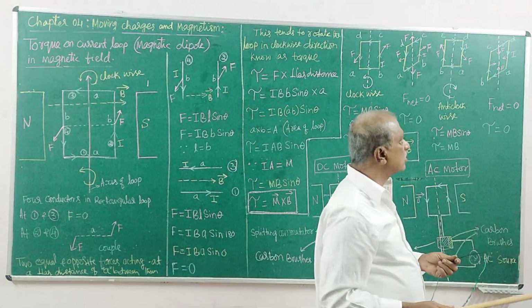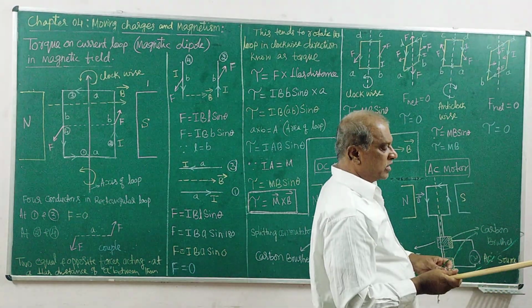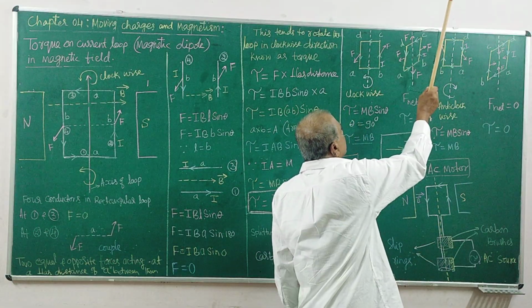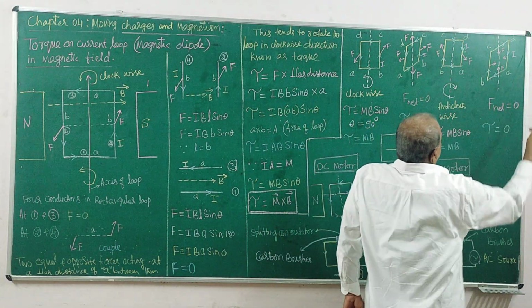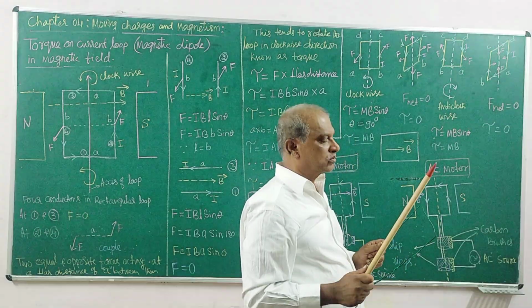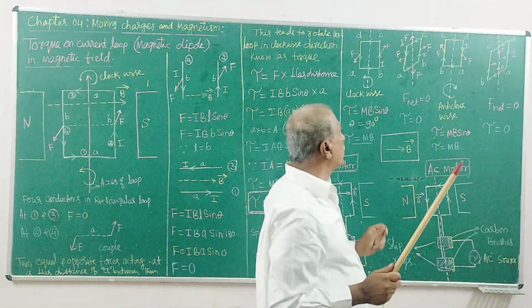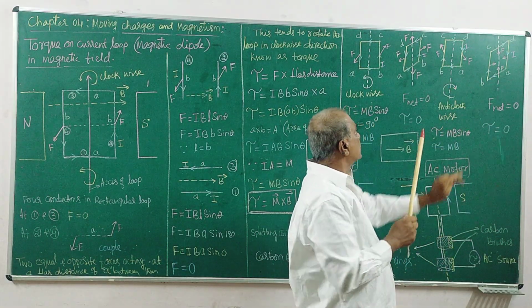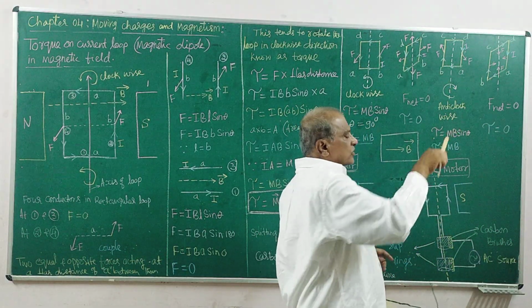Now it is understood. When the loop is in perpendicular direction, rotated 90 degree or 270 degree, that loop will not produce torque. Torque is produced only when it is in the plane like this and the plane like this. Rotation is clockwise in one, anti-clockwise in the other.